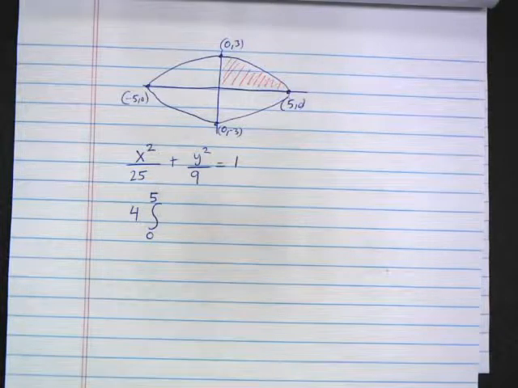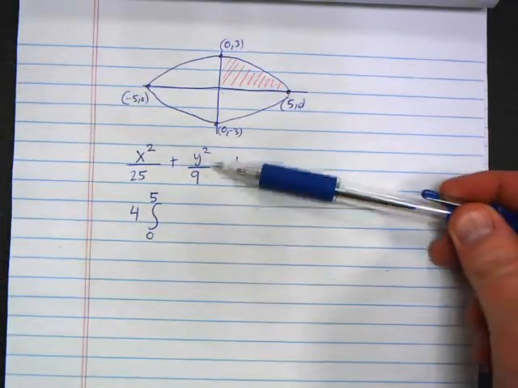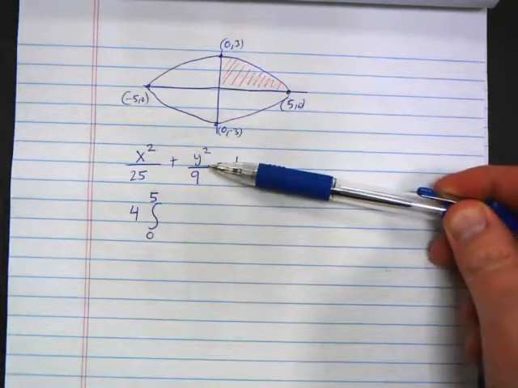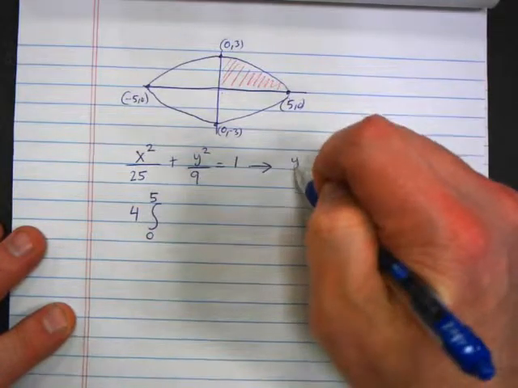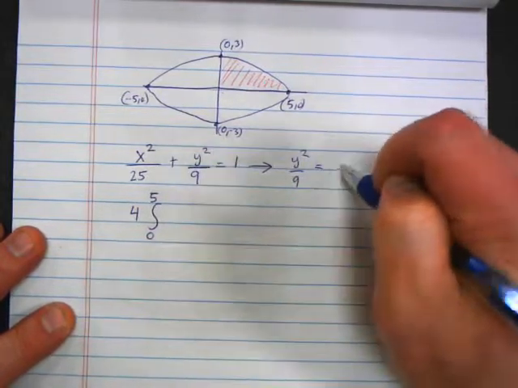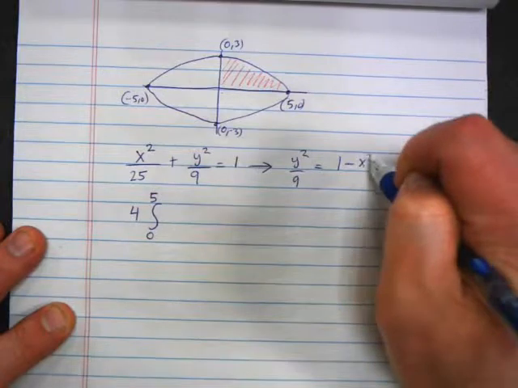Well, I think I need to take this equation and get y all by itself. So y squared over 9 is 1 minus x squared over 25.